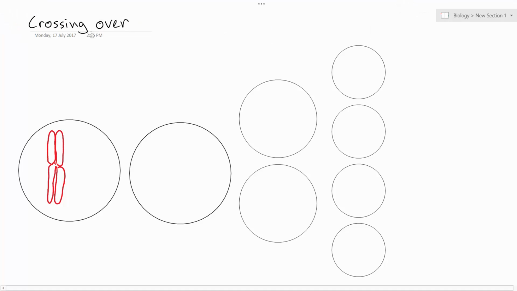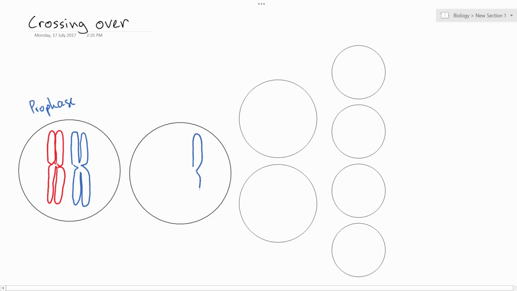I'll draw in blue and red to try and make this a little bit more clear. So imagine this is during prophase. During prophase, what we'll see is our sister chromatids preparing for meiosis will be lying next to each other, like so.